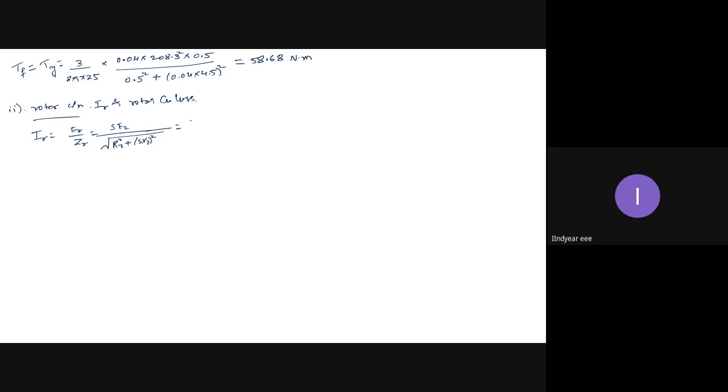So 0.04 into 208.3 divided by under root 0.5 square plus 0.04 into 4.5 square.